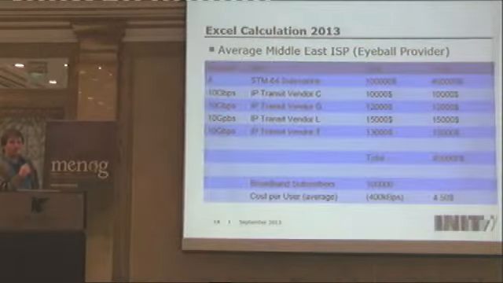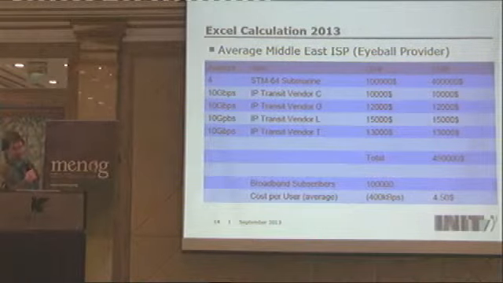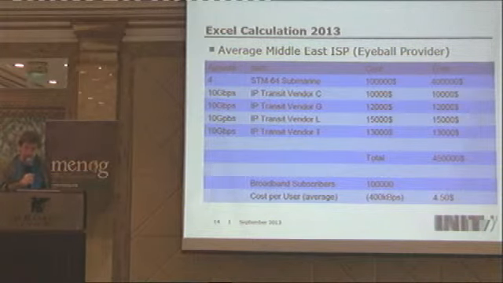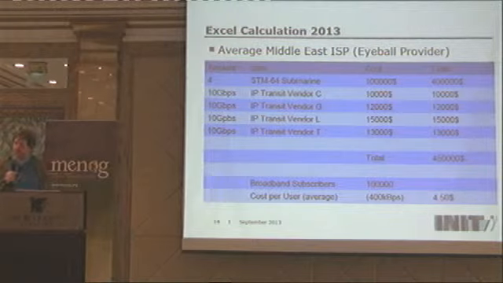So if we do the Excel calculation of what their cost is as of today, they buy 4 10 gig links, each for $100,000 a month. They buy some IP capacity from vendors C, G, L, T with different costs. It sums up to a total of $450,000 per month.